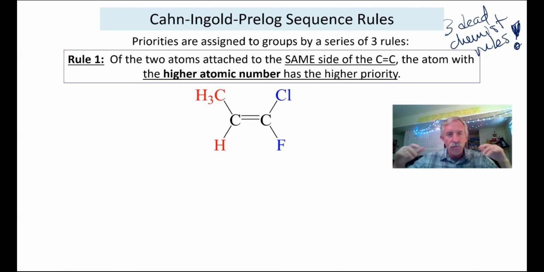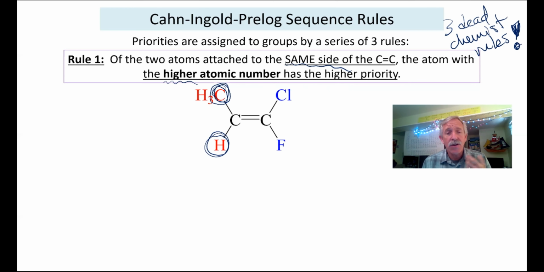So, rule number 1. Let's start with the basics. I'm always looking at only one side, the same side of the carbon-carbon double bond, to try to distinguish which atom on that one side has a higher priority, is heavier. And therefore, I'm going to go to the higher atomic number. I'm not going to look at the whole CH3. I'm looking at this carbon versus this hydrogen.